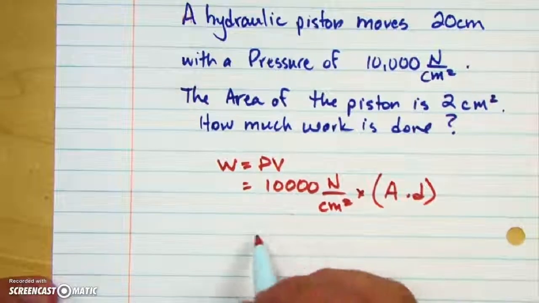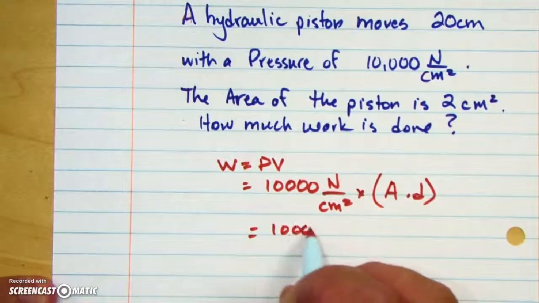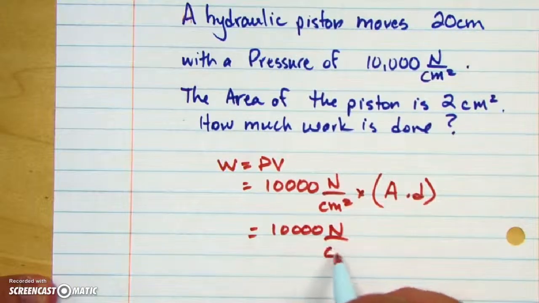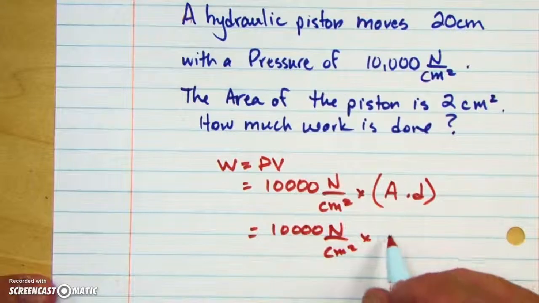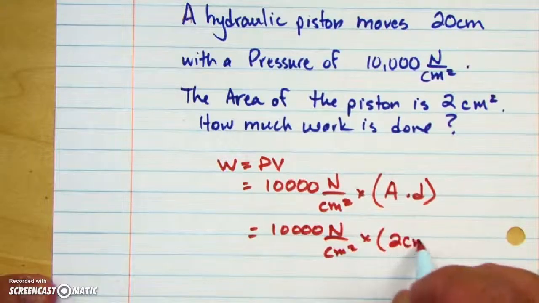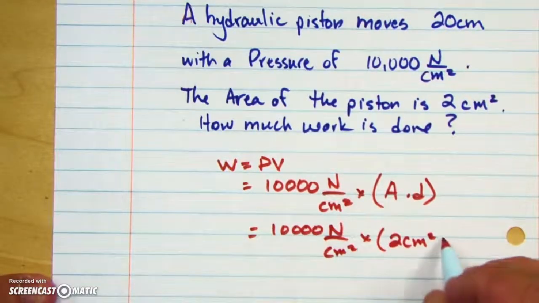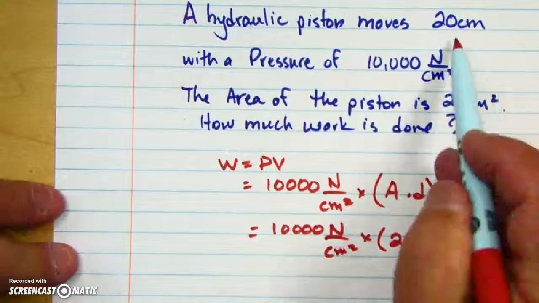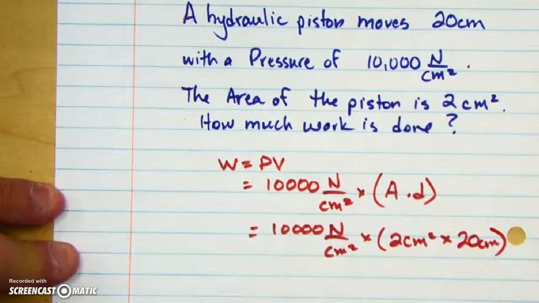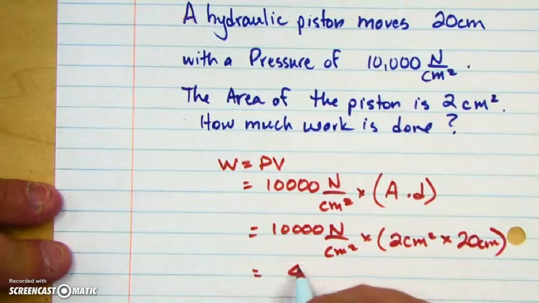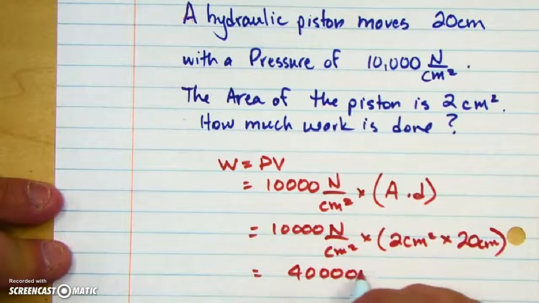So now I simply go 10,000 newtons per centimeter squared times the area, 2 centimeters squared, times the distance it moved, which was 20 centimeters. So I'm going to have 10,000 times 2 times 20. That's going to be 400,000. You've got a calculator, you can check me if you want.